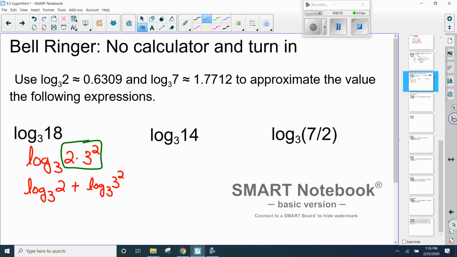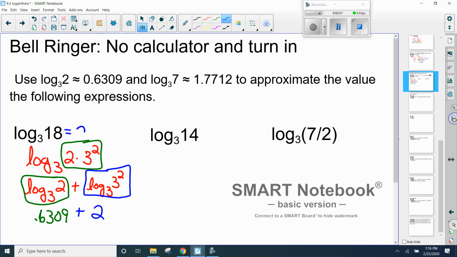What does the first one have a value of? 0.6309. And the second one has a value of 2. So the overall approximation of log base 3 of 18 is 2.6309.